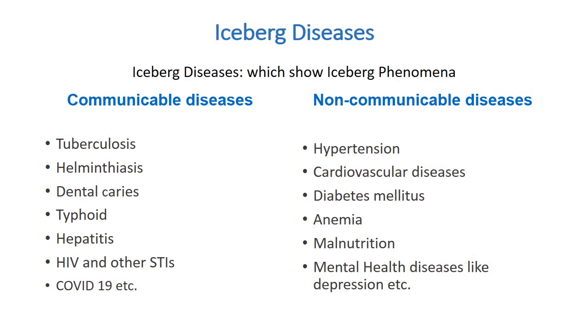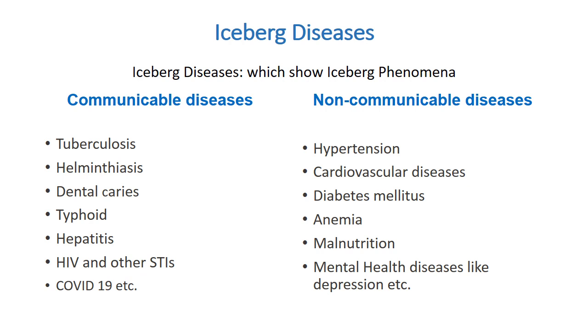So in this slide, we give some examples of iceberg diseases. Now, iceberg diseases are diseases which exhibit the iceberg phenomena or which follow the iceberg phenomena. They may be infectious diseases or communicable diseases, or non-infectious diseases or non-communicable diseases.